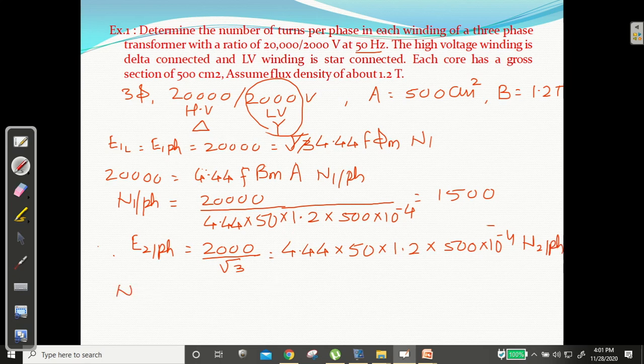From here you can get N2, the number of turns per phase.